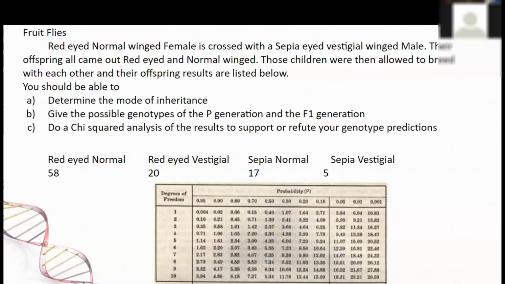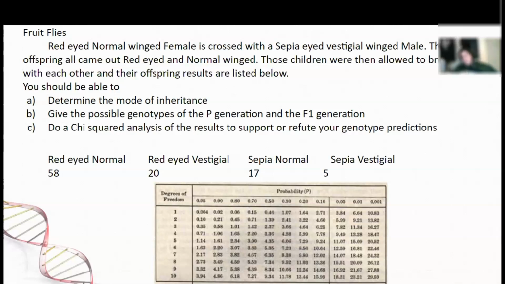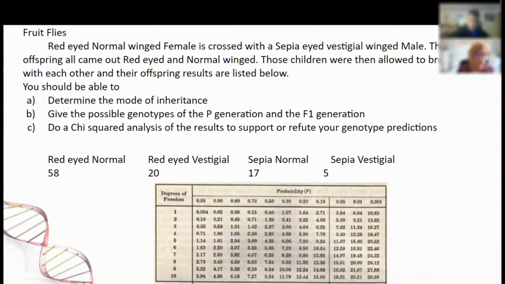So if you're not sure, you always want to do a Punnett square to see. So do a Punnett square assuming it's linked, see if the traits match. Do a Punnett square for independent assortment, and then see if the results match.